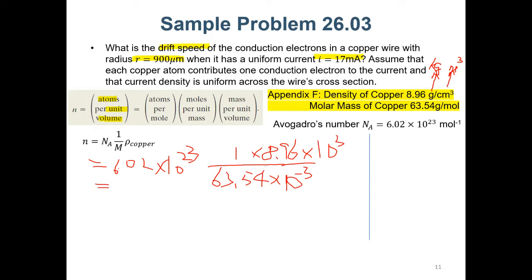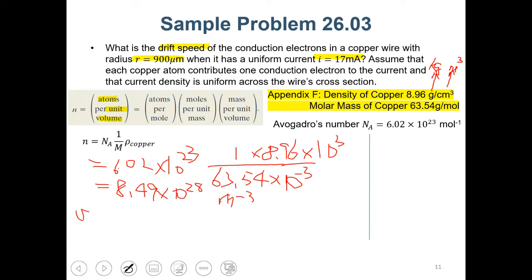So we can calculate n to be 8.49 times 10 to the 28 power per meter cubed. So there are totally 8.49 times 10 to the 28 atoms within 1 meter cube.